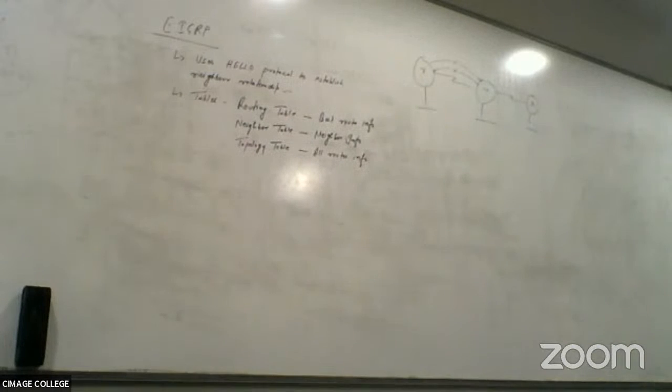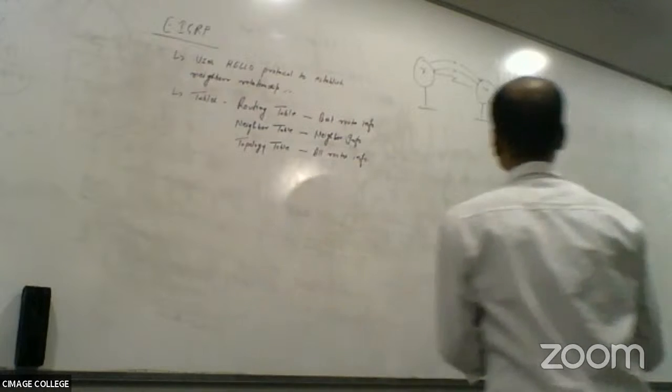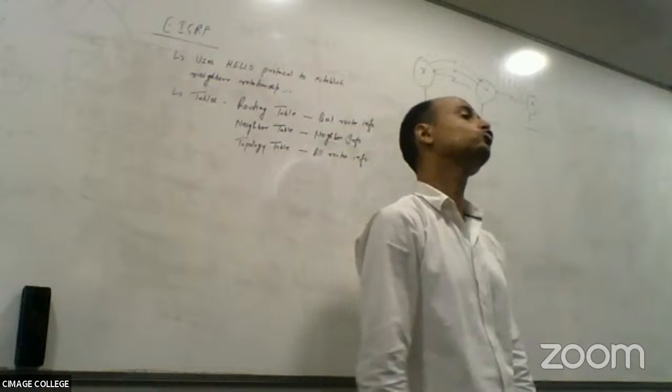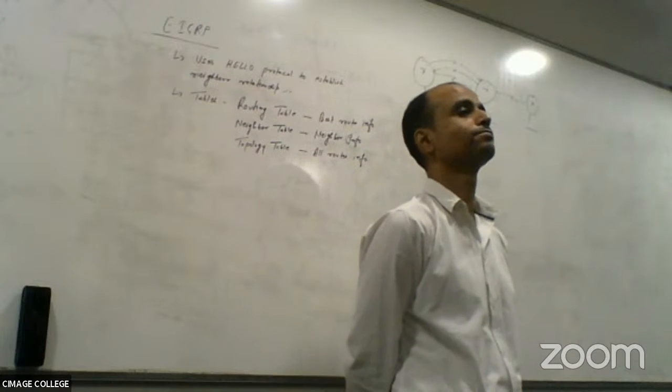Now, the routing table is good. With the help of the routing table, data can be transferred from the source to the destination network. Through the neighbor table, a router can identify its neighbors. But what is the importance of the topology table? See, suppose you all have to go to Bapu Sabhagar.